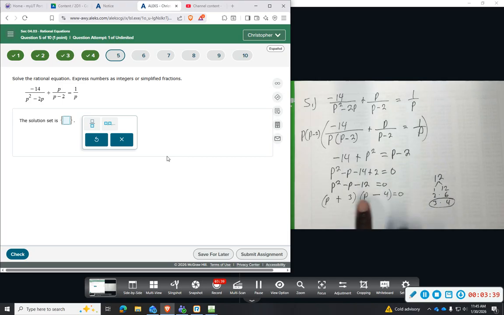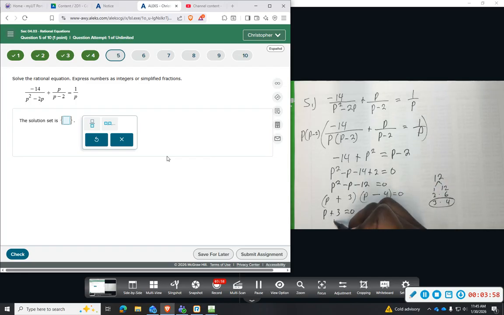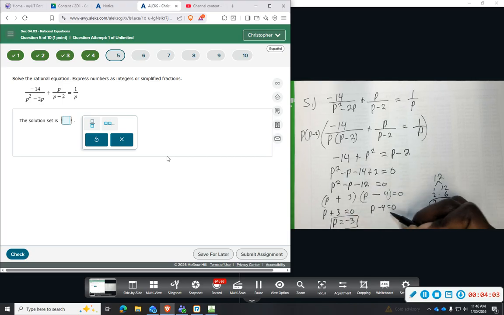And if you look at the negative 4 plus 3, that will give you a negative 1 coefficient here. Set both of the linear terms equal to 0 and solve for p. So if we subtract 3, we get p equals negative 3. And add 4, we get p equals 4.